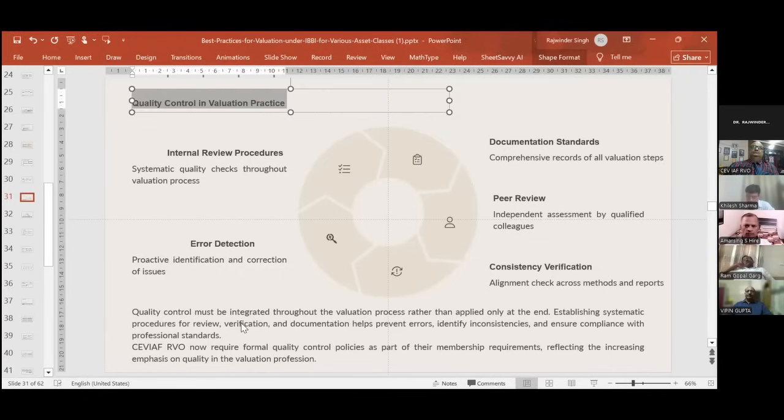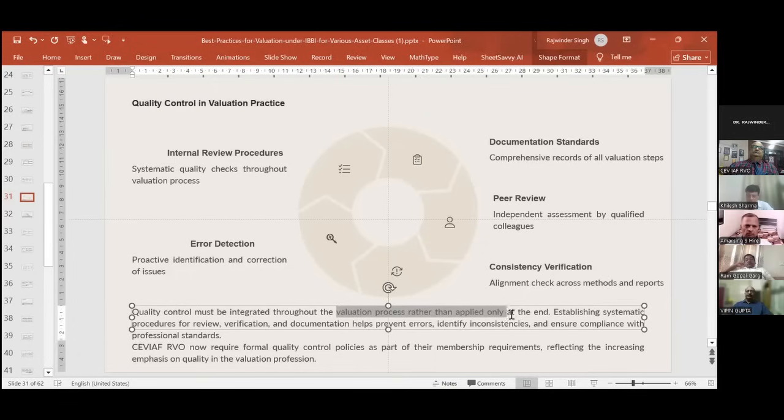Quality control must be integrated throughout the valuation process rather than applied only at the end. So that is important. It is not that you are applying quality control at the end of the report. It should be an integrated process throughout the valuation process.